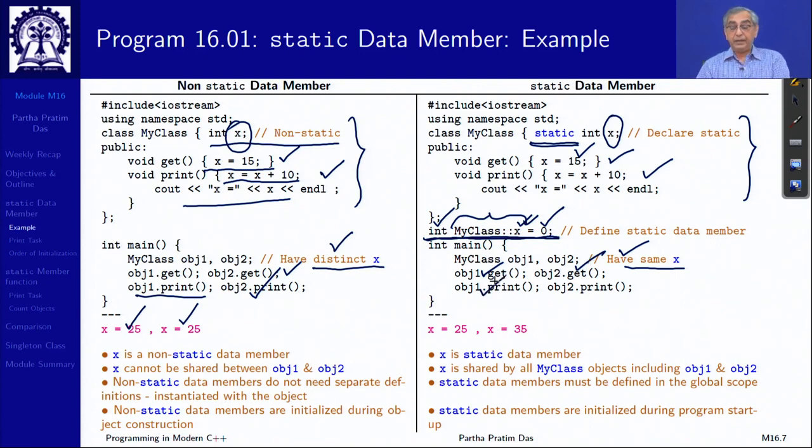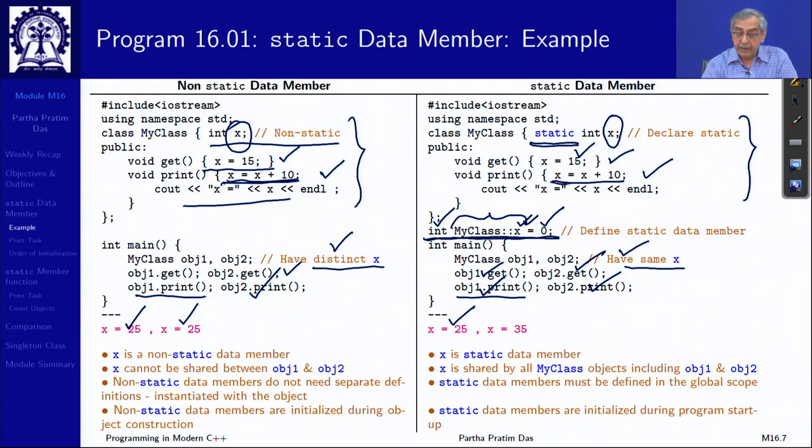Now, when I do print, the x gets incremented by 10. So, it prints 25. Then when I do print for the next time, x is 25, because it is the same x. Here I had a different x. So, 15 incremented to 25, 15 incremented to 25, but here it is the same x.